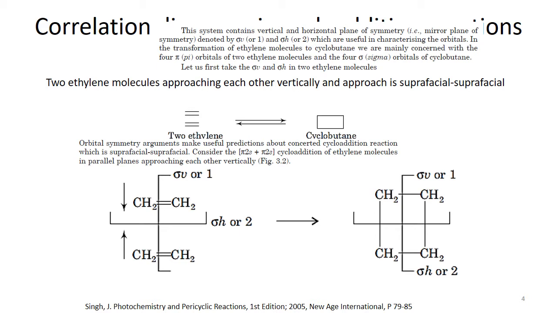If the plane dividing the molecule into two equal halves is parallel to the axis of symmetry, then we say it is a horizontal plane of symmetry. And if it is perpendicular to the axis of symmetry, then we say that it is a vertical plane of symmetry.